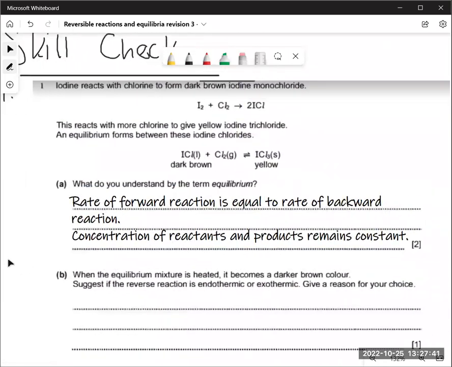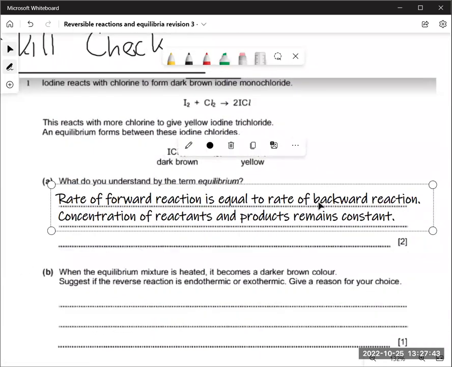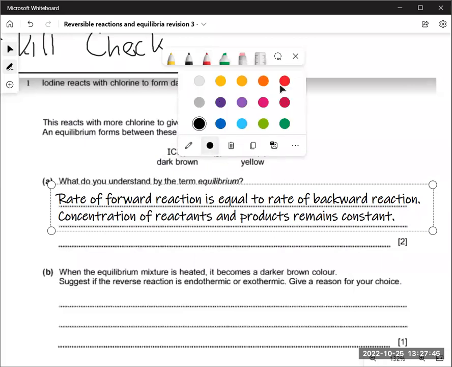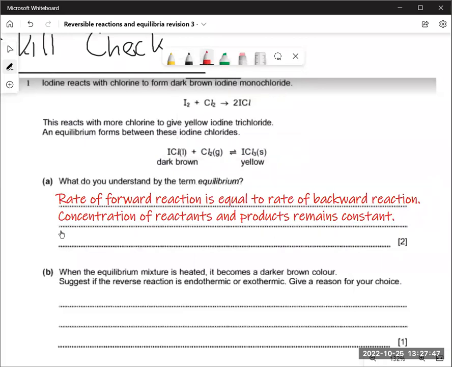It's a 2-mark question, Anas. So you need to write these 2 lines for the mark. Let's just write this as 1 and 2.